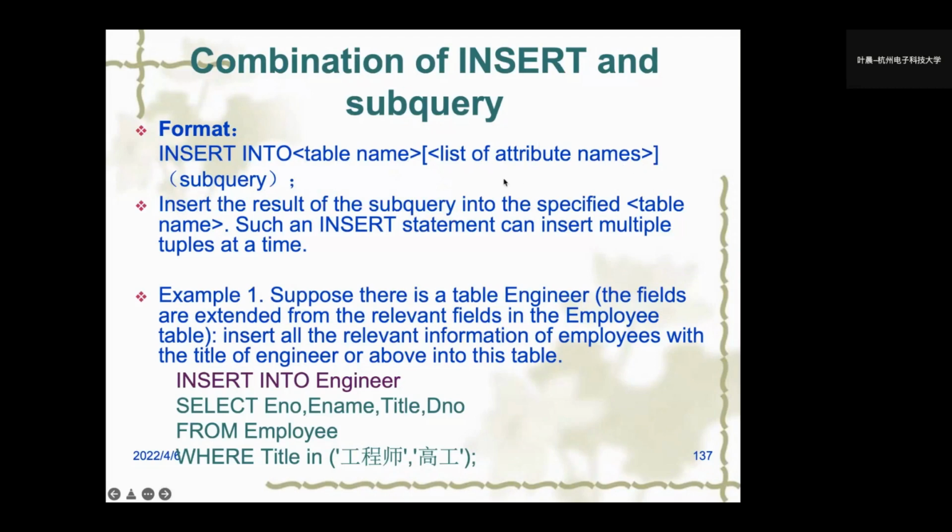The other way is to use a subquery here. That means you want to insert the query result of this subquery into this table. Such an insert statement can insert multiple tuples at one time, so you don't need to write the detailed values one by one.